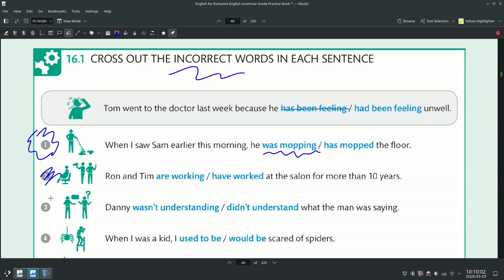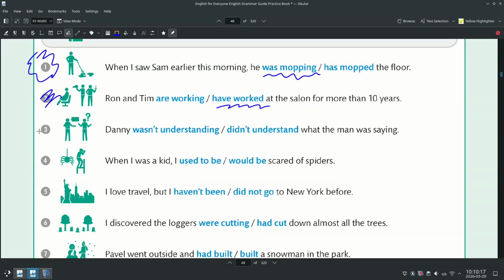Number 2. Ron and Tim have worked at the same salon for more than 10 years. Present perfect. Have worked. Number 3. Danny didn't understand what the man was saying. Didn't understand.